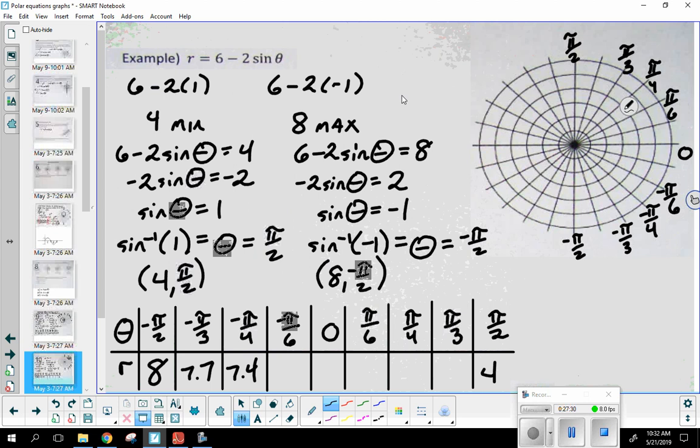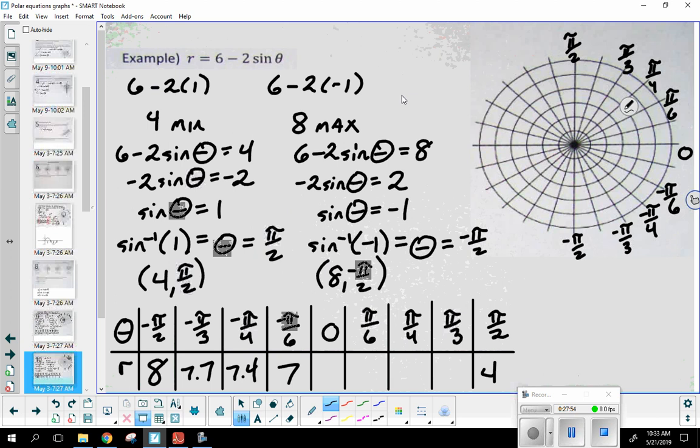Now I need 6 minus 2 sine of negative 30. Brenda, can you help me out with that one? 7. Okay. Savion, can you help me out with 0? Zero.